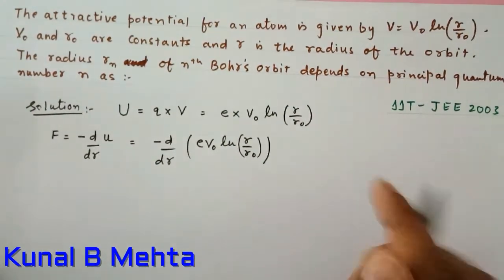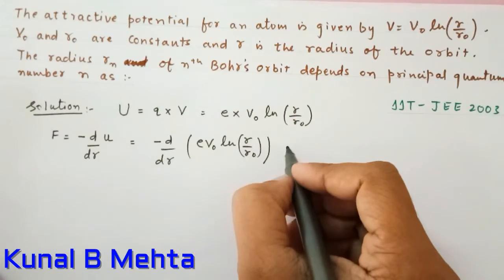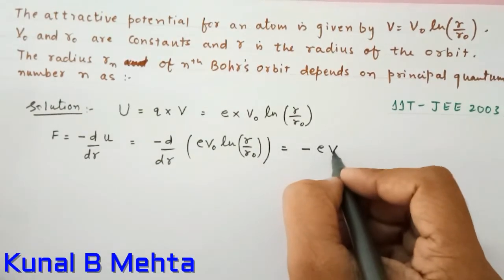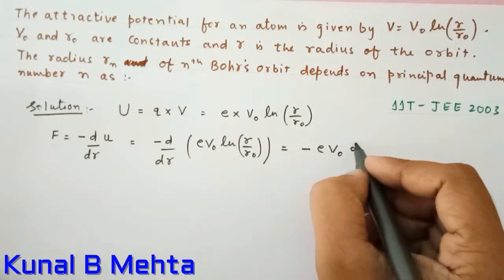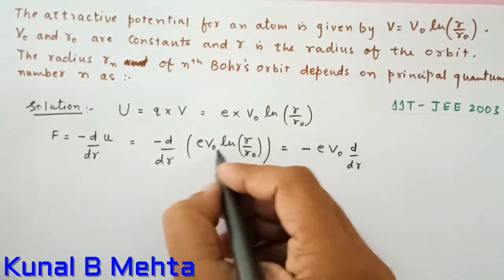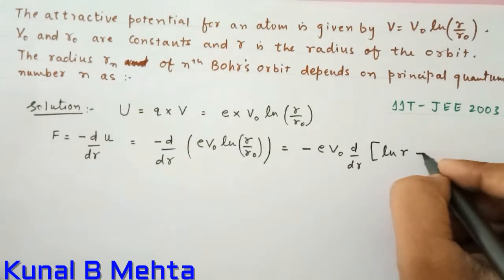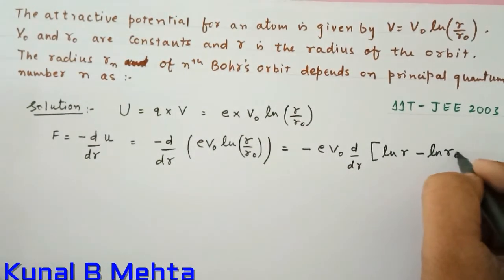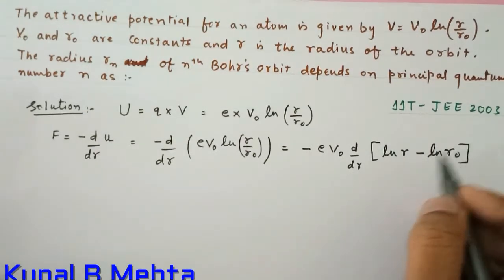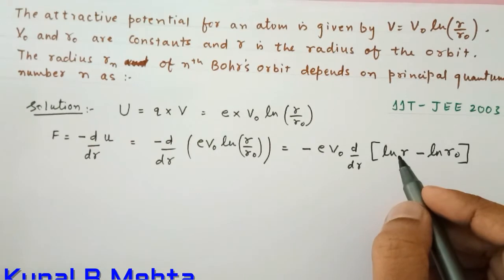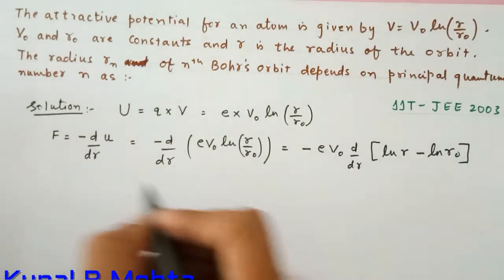So e and V0 are constants, so we are going to pull them outside. So minus e times V0, we can also write ln R upon R0 as ln R minus ln R0. Now ln R0 is again constant, so d by dr of ln R is 1 by r, and the derivative of ln R0 would be 0.